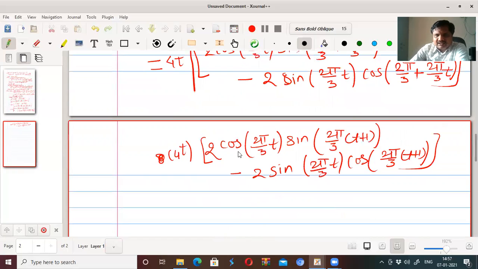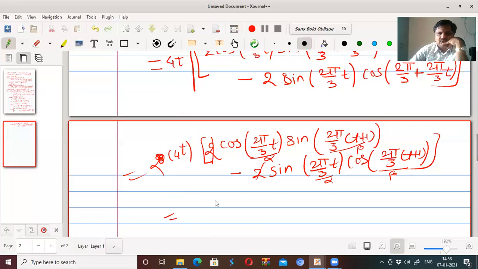So you are getting here something cos alpha sine beta minus sine alpha cos beta. If I consider this as alpha and this as beta, so you will get this as alpha, this as beta. So I will take 2 here and these 2 will be cancelled.